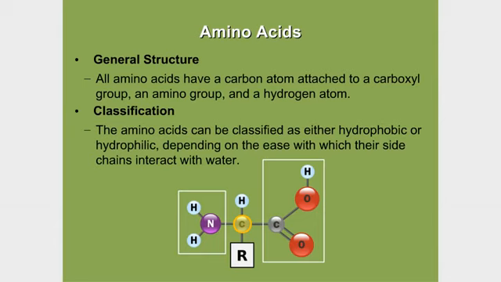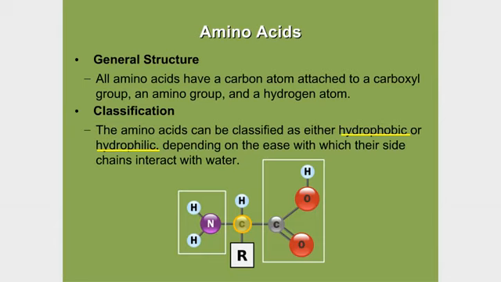So all 20 amino acids have an alpha carboxyl group, alpha amino group, and a hydrogen atom attached to the alpha carbon, and what distinguishes the amino acids from one another is the R group. The R group can either be a hydrophobic group, like an aliphatic chain, or a hydrophilic group, carboxyl groups, amino groups, something along that line.